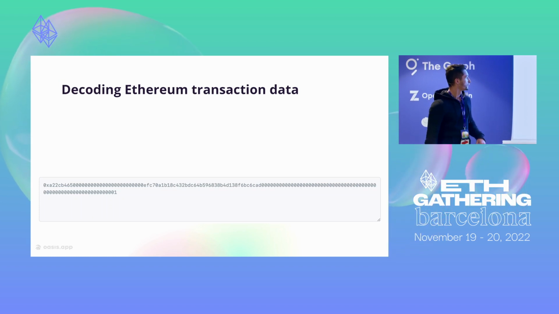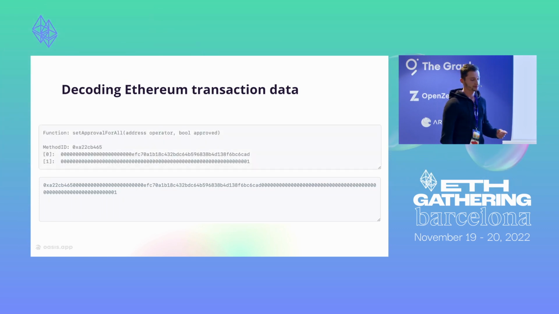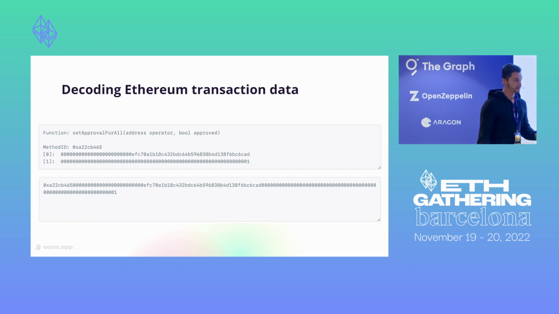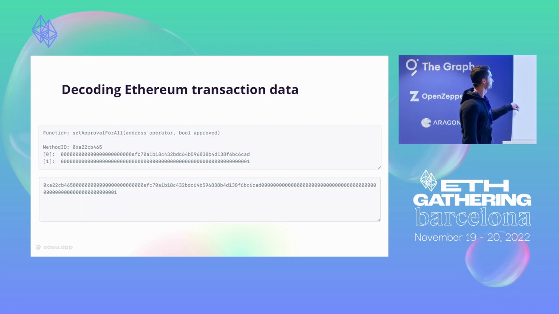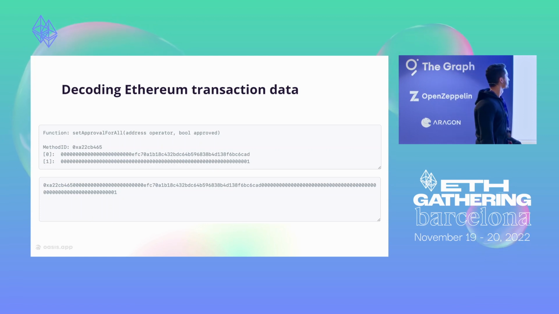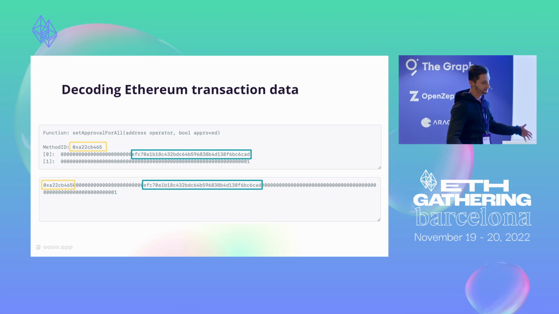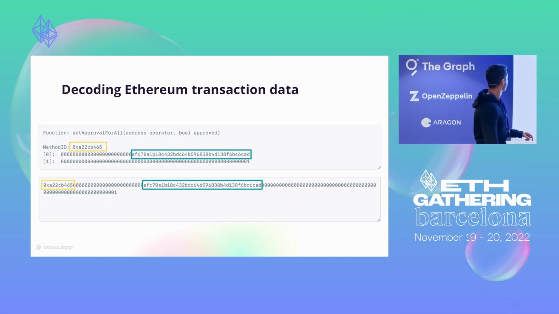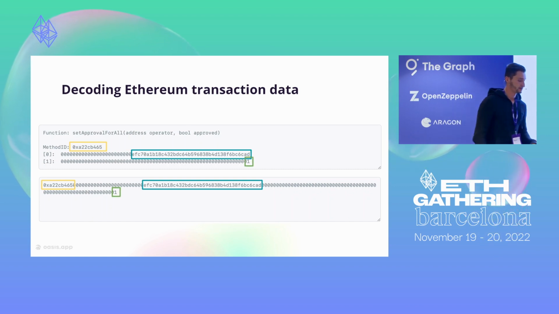The first 4 bytes of the data represent which function we are calling on the blockchain. This is the first 4 bytes of the hash of the function signature, and the rest are the arguments. You can see the address, which has to be padded to fill 32 bytes, and also this single one, which represents the Boolean value.